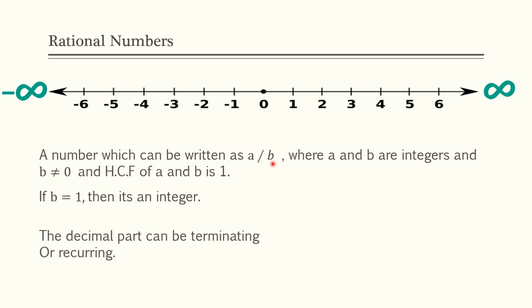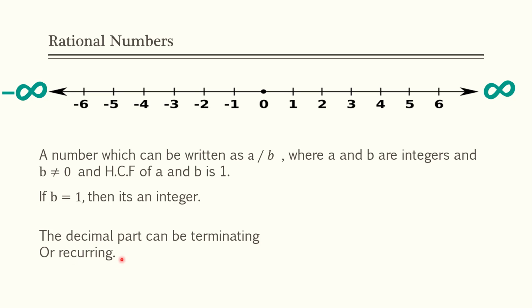So now another thing is, as we can express that number as a over b, for those numbers where a is not divisible by b, we will get a decimal part of that particular number, right? And that decimal part for the rational number is very important. It can be terminating, or it can be recurring.